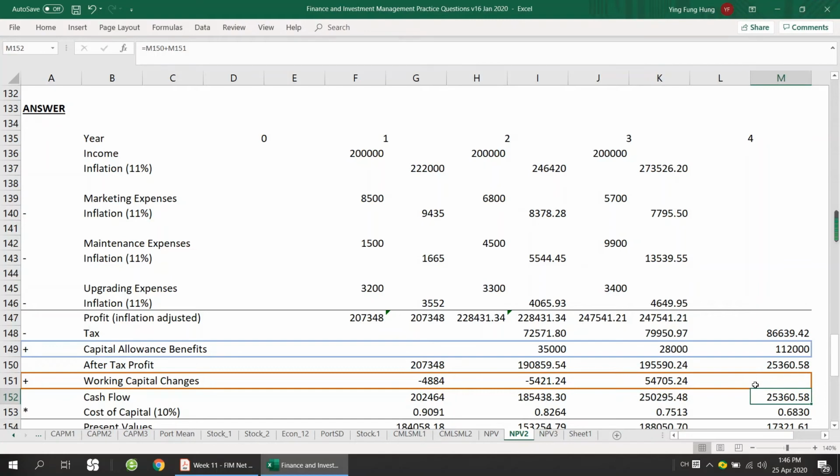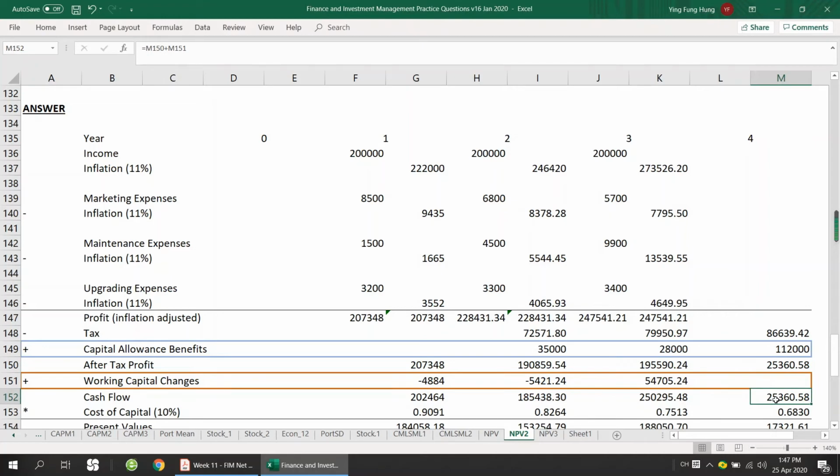For the cash flow in year 4, even though we do not have any number for the working capital changes since we already ended our operation in year 4, we still have some money from the after-tax profit. This is because of the previous calculation from the taxes and also from the capital allowance benefit. In this case, all we have to do is just bring down this after-tax profit to cash flow.